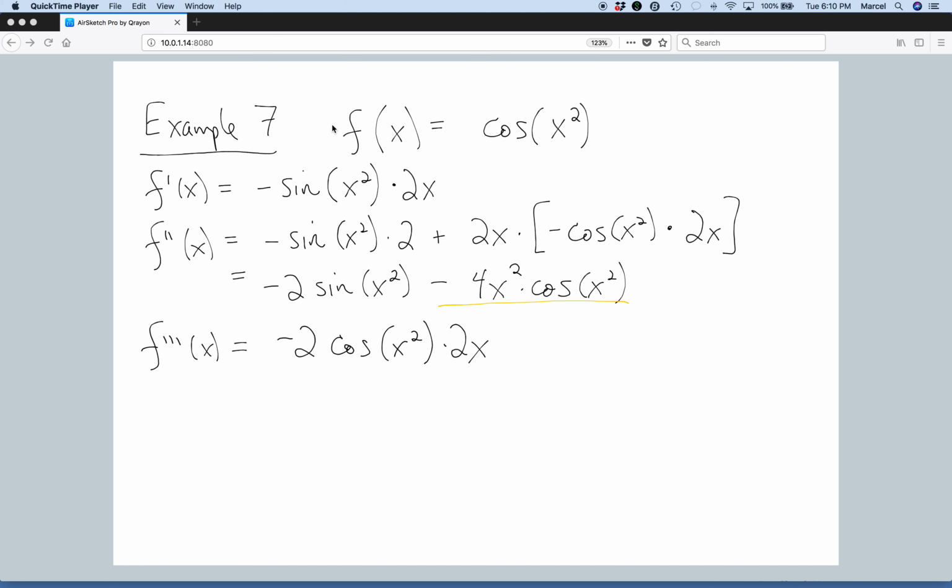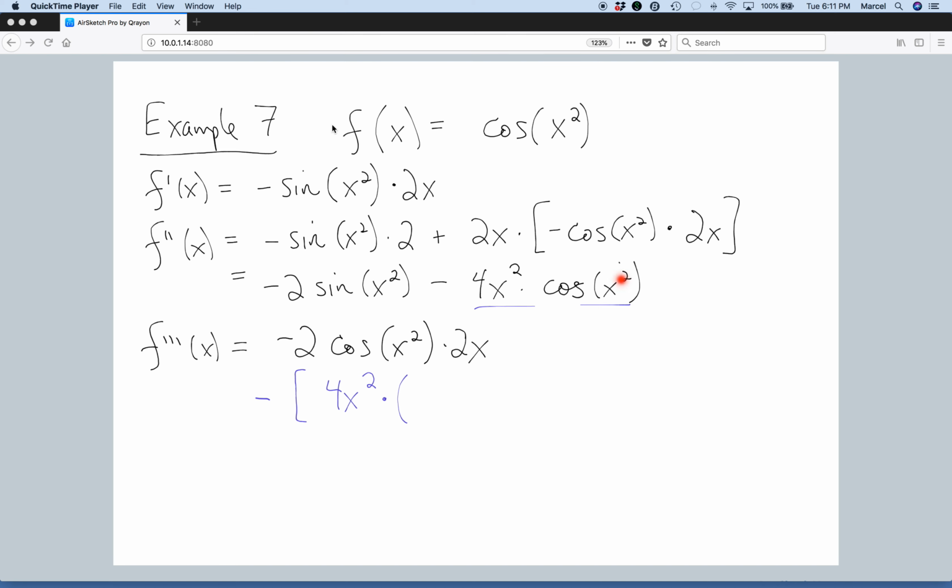Now for this second term, we will have minus, let's put it all in one big block. First, 4x squared times the derivative of the second. So the derivative of the outer function here, which is cosine of x squared.